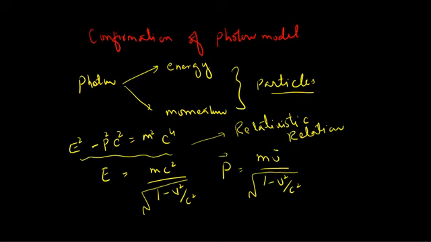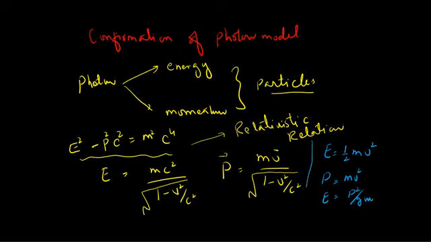If you don't know much about relativity, then you know the non-relativistic equations. E equals 1 by 2 mv square and p equals mv, and then we can say that E equals p square by 2m.